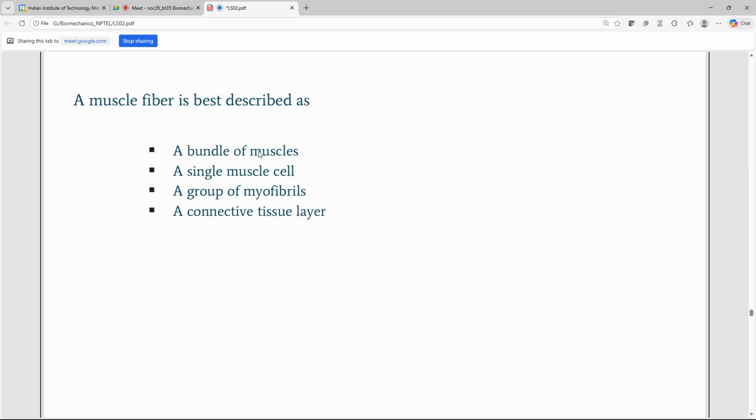Next question. A muscle fiber is best described as a bundle of muscles, a single muscle cell, a group of myofibrils, or a connective tissue layer. Which is the best description of the word muscle fiber?